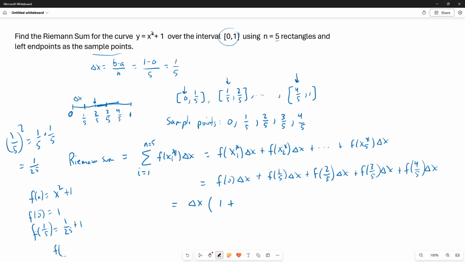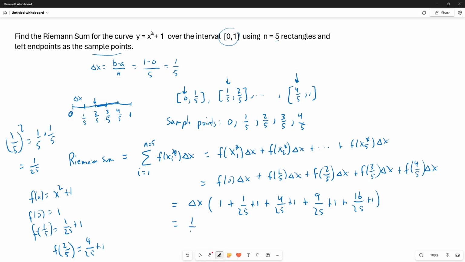And then f of 2/5, 2/5 squared is going to be 4 over 25 plus 1. So f of 1/5 was 1 over 25 plus 1. f of 2/5 is 4 over 25 plus 1. f of 3/5 is going to be 9 over 25 plus 1. And f of 4/5 is going to be 16 over 25 plus 1.